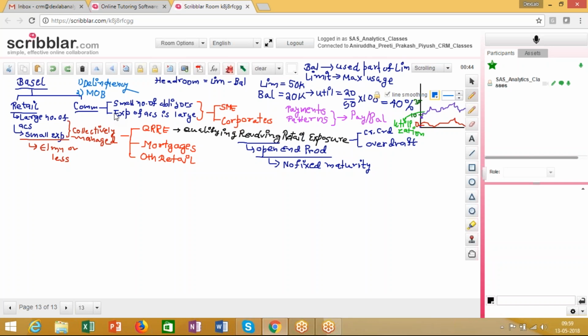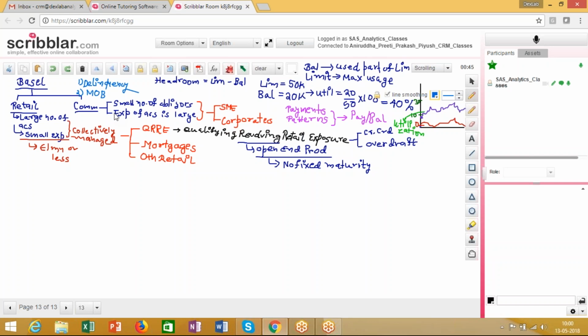Similarly, when I look into the payment patterns, the absolute value of the payments does not give me a very clear idea about who is a better borrower and who is relatively worse off. But when we look at the payment balance ratio, we get a better idea about the willingness of the borrower to pay back.